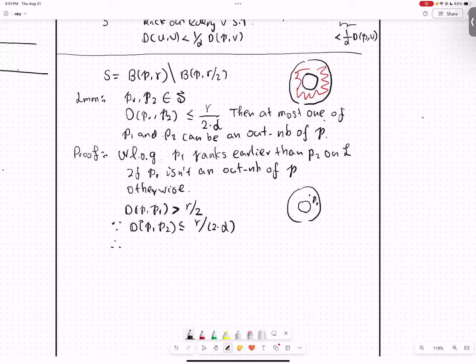So now I can claim that this distance between P1 and P2 is less than or equal to D times the distance between P and P1 over alpha, by utilizing these inequalities. So now I have this inequality, and because of this inequality, I know that P2 must be eliminated in this iteration, provided that it has not been eliminated earlier.